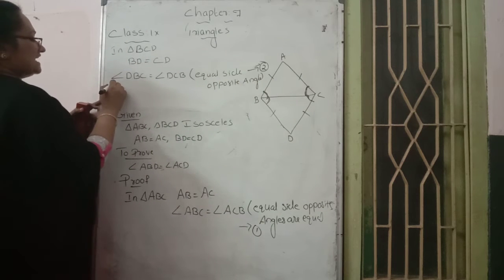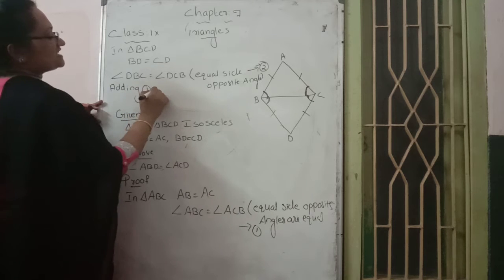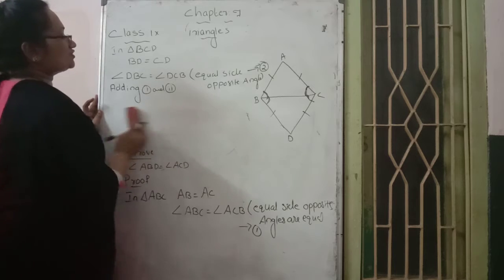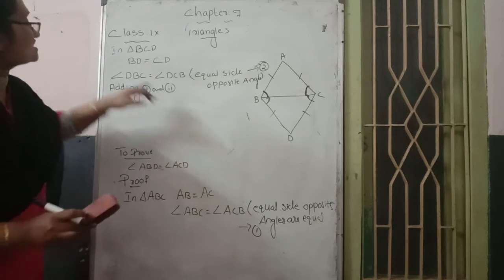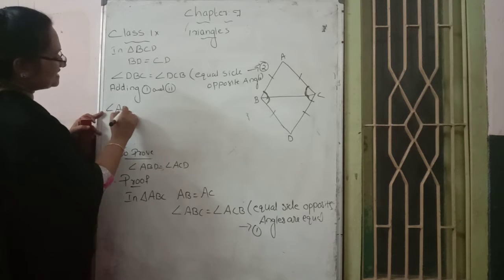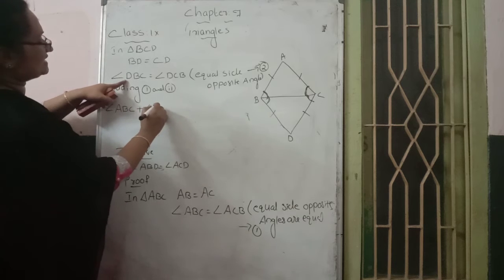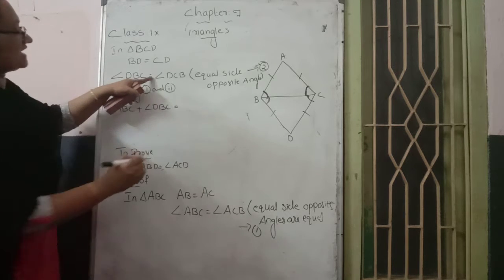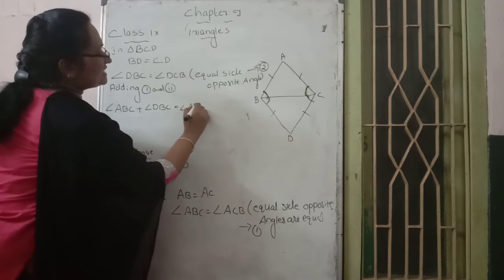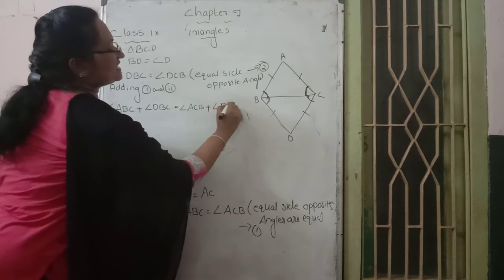Next, we add the first and second equations. The left side is added with the left side: the left side of the first equation is angle ABC, and the left side of the second equation is angle DBC. The right side of the first equation is angle ACB, plus the right side of the second equation, angle DCB.